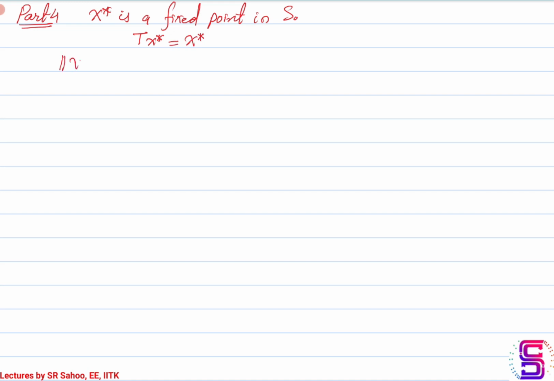So let's say norm of x star minus Tx star is going to be less than or equal to norm of x star minus xk plus norm of xk minus Tx star.